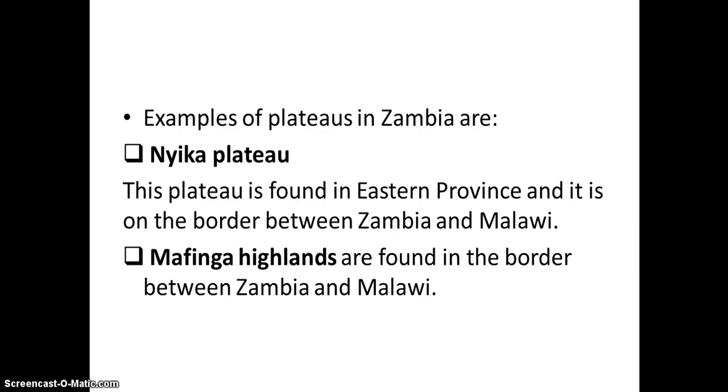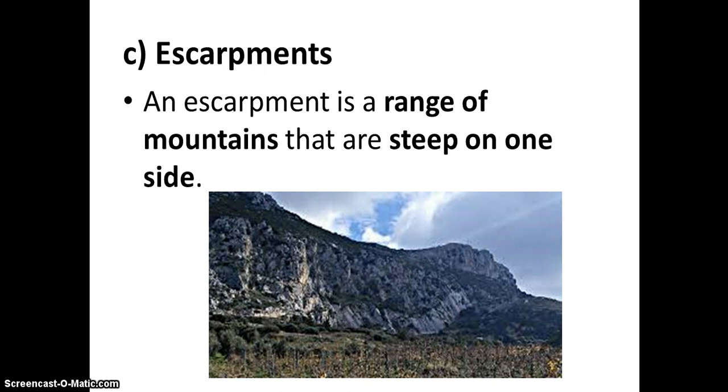This plateau is found in Eastern Province, and it is on the border between Zambia and Malawi. Then, like I mentioned, there are also the Mafinga Highlands. These are found on the border between Zambia and Malawi, and it's actually a plateau land. I think that is enough on plateaus.